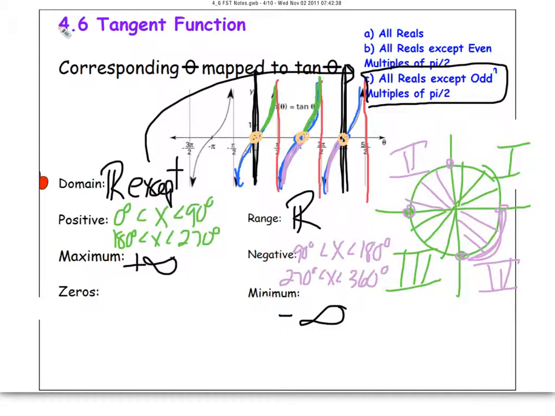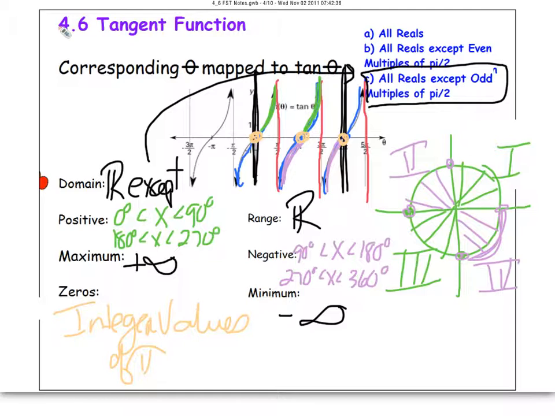The values here are 0 pi, 1 pi, 2 pi. So the zeros happen at integer values of pi. Again, at 0, 1, 2, and so forth.